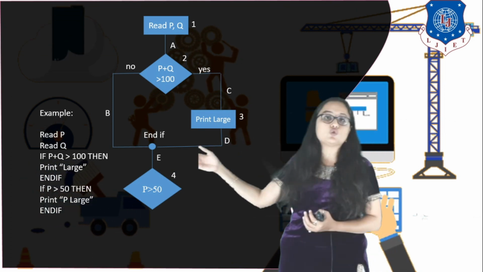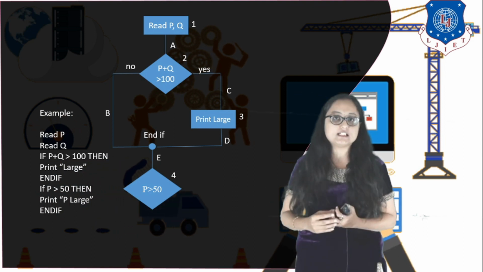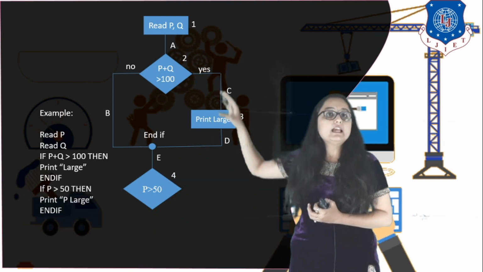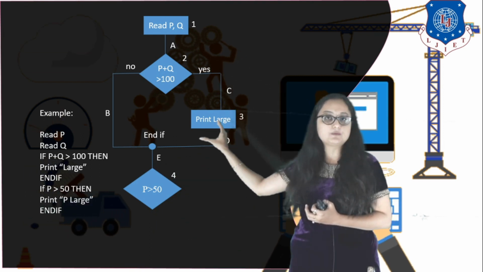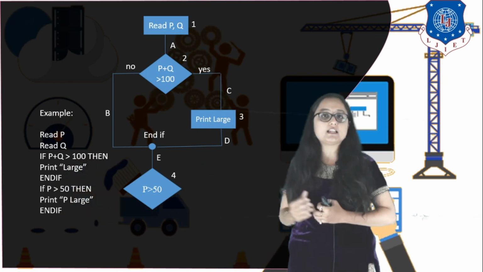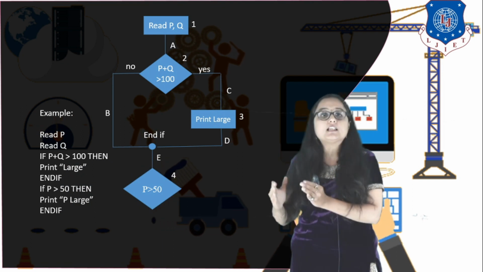You can see in the code that only the true condition for if is written, no else condition. So in the else case we directly end the if, and in the true case we execute one statement. After the ending of the if, we have another statement, and that is also an if statement, that is if P is greater than 50.